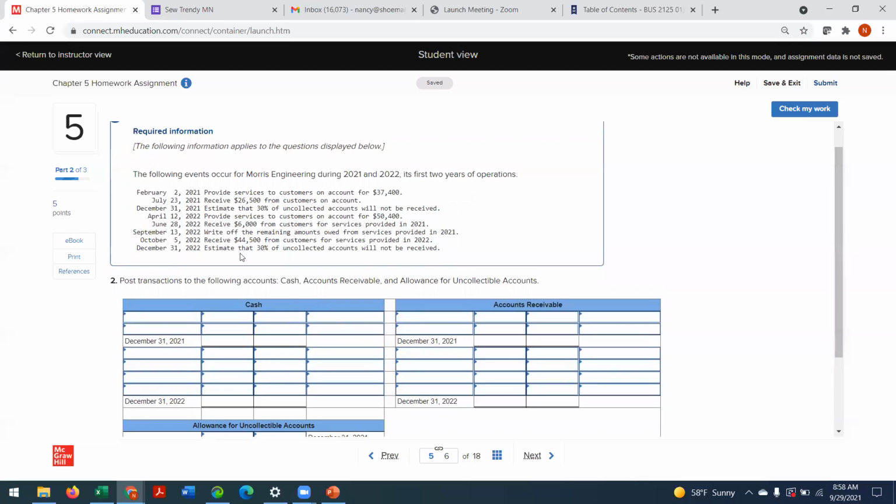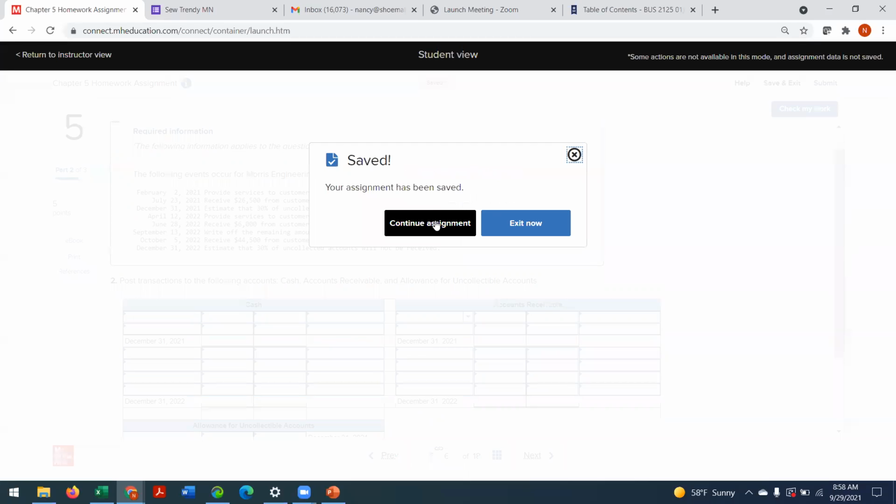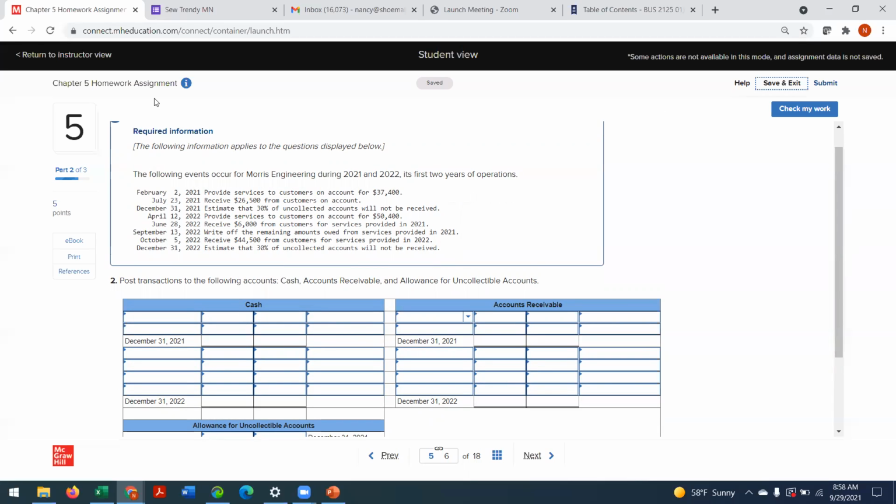So we are going to provide services for customers on account, 37,400. So we're going to show that transaction. Actually, if I do that, it's going to change. So what we need to do is show provide services to customers on account, February 2nd. We're going to show the 37,400.